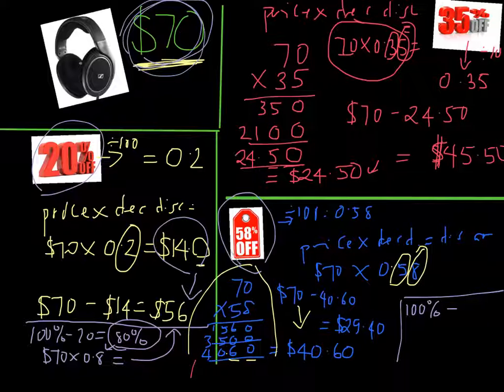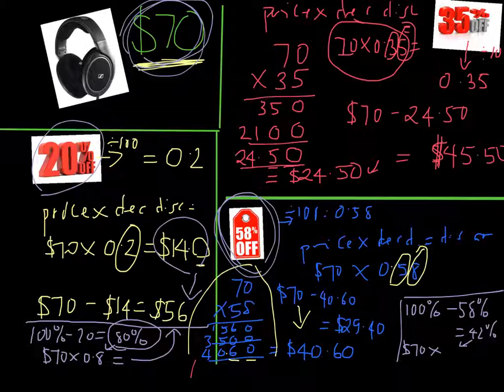Take away our 58% discount, would leave us with 42% left over. So then if we did our $70 times 42% as a decimal, which is 0.42, we would then get straight to the new price, not having to find the discount out along the way.